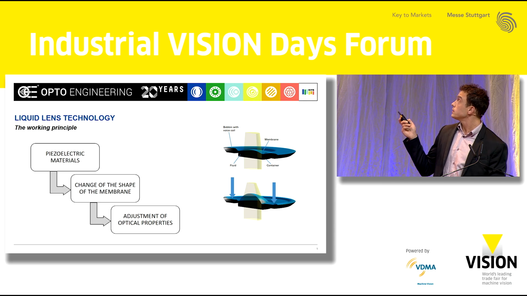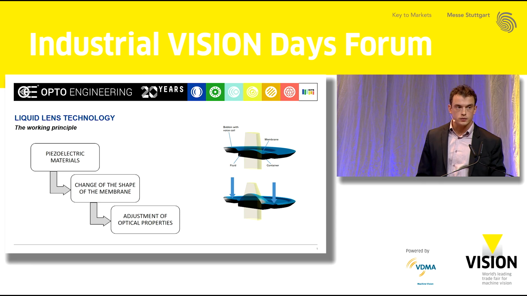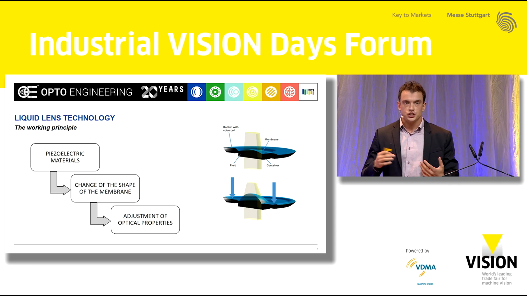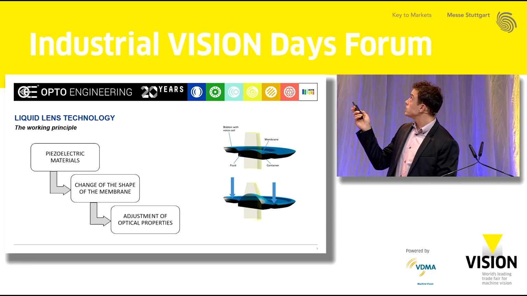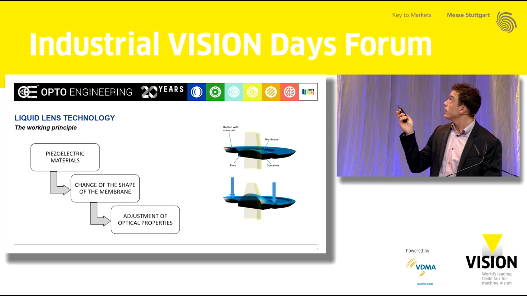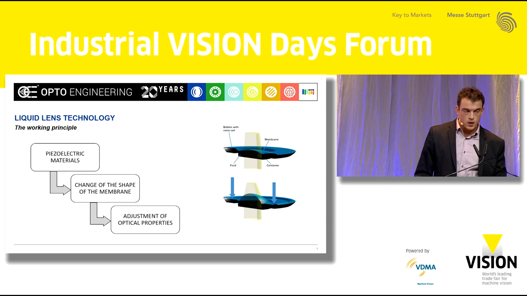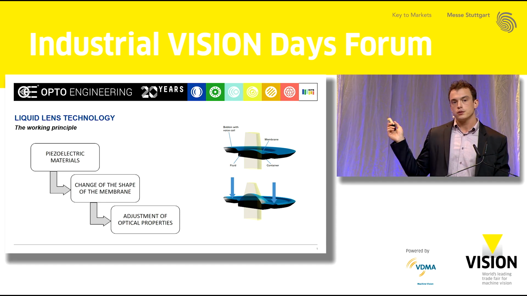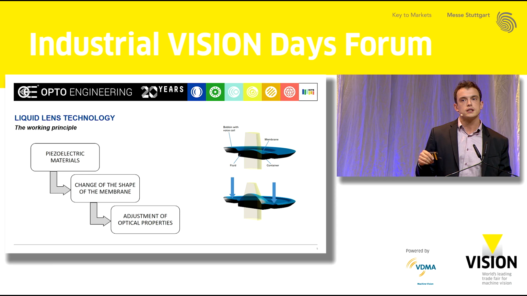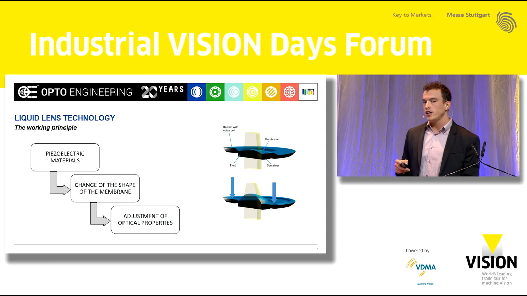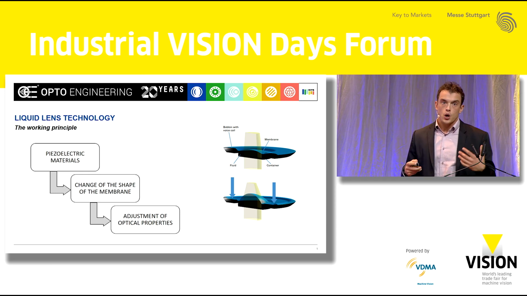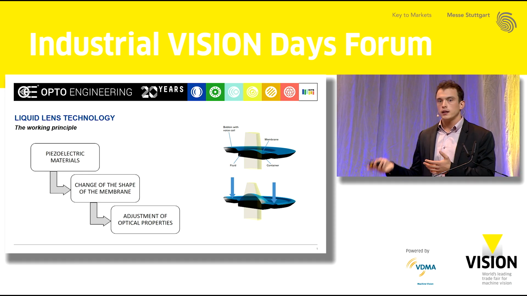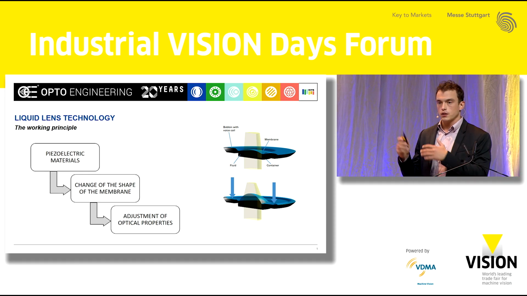Basically, there is a fluid contained in a membrane that can be shaped thanks to a bobbin with a voice coil around it. And the membrane is made of piezoelectric materials, which are materials that can change their shapes when an electric current passes through them.